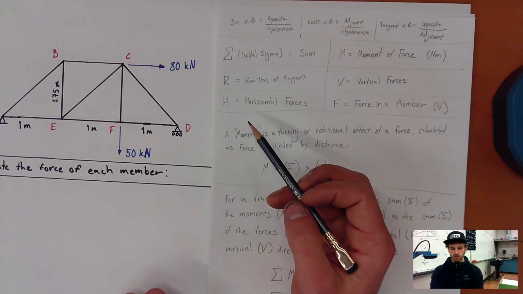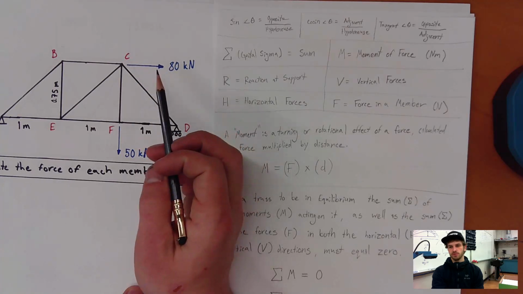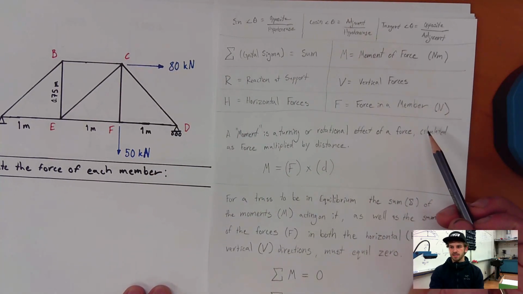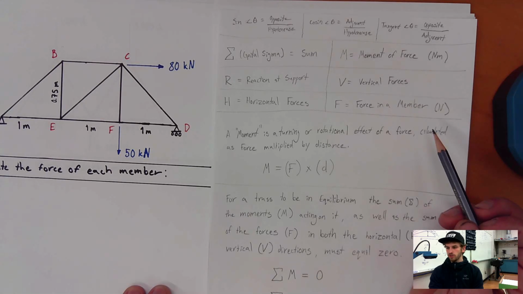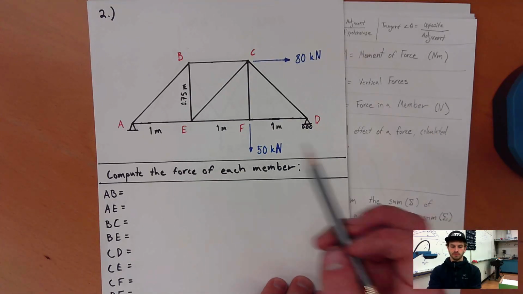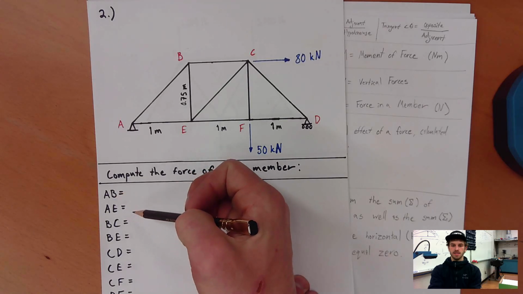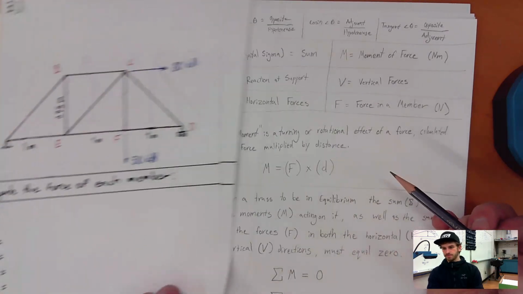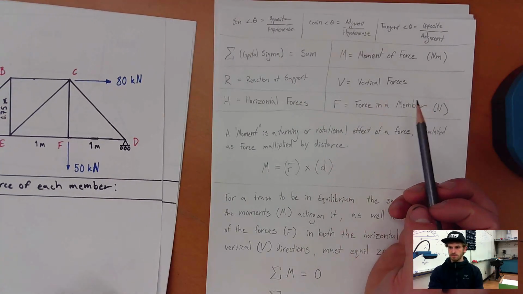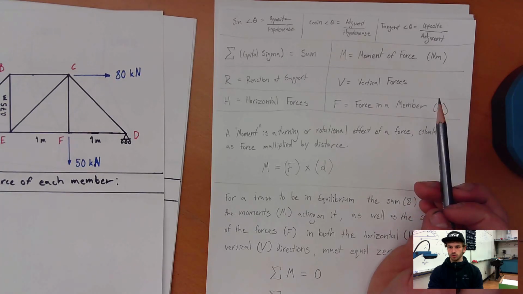H is the horizontal forces, in this case this way. F is the force acting in a member, so F is what we're trying to find for each member. As you can see in this problem, we want members AB, AE, BC, all the different members. So F, force in a member, is measured in newtons.